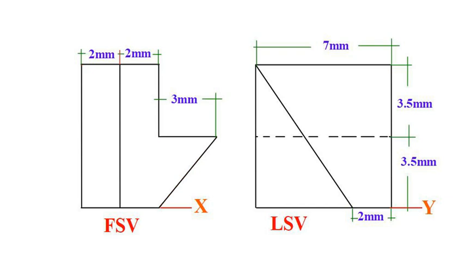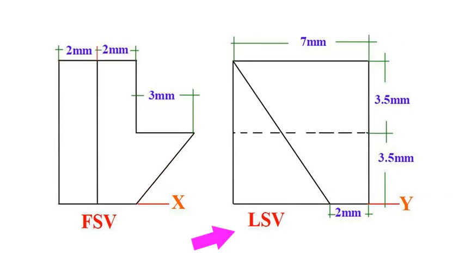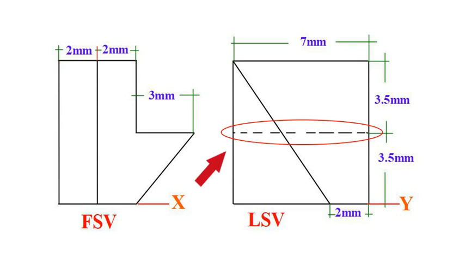Next, we turn our attention to the left side view. Here, we find that the depth and height of the object are both 7 mm, reinforcing the notion that we are dealing with a cubic structure. A notable feature in this view is a hidden horizontal line, located at the center, precisely 3.5 mm from the bottom.